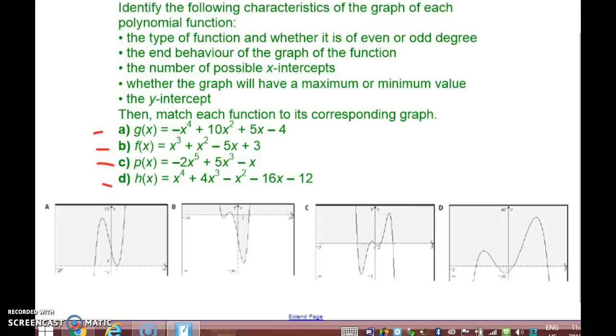This guy is 1, 2, 3. This guy is 1, 2, 3, and 4. This guy is 1, 2, 3, 4, 5. And 1, coefficient and an even power.